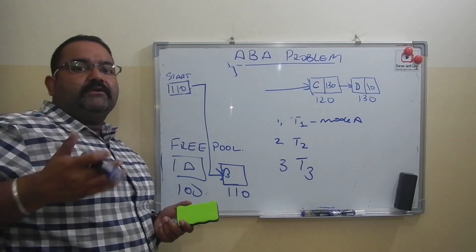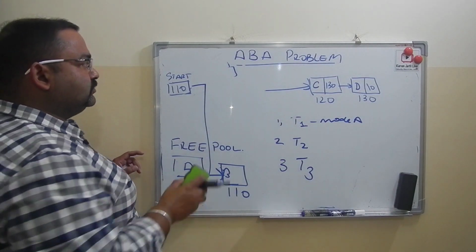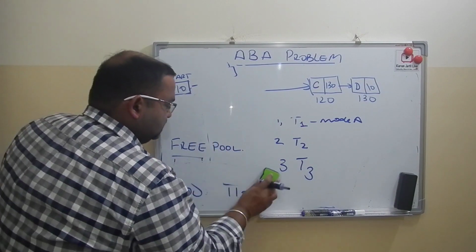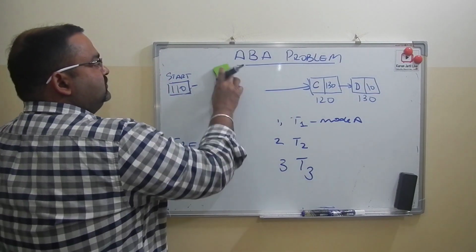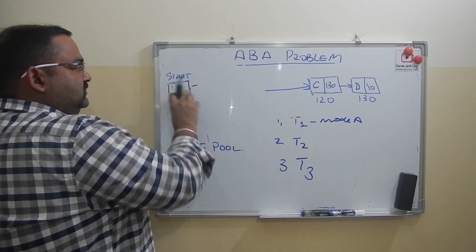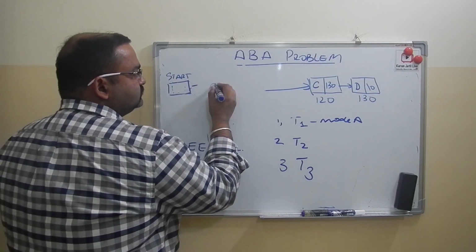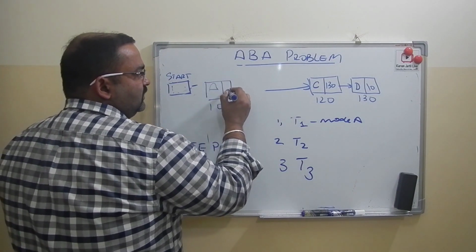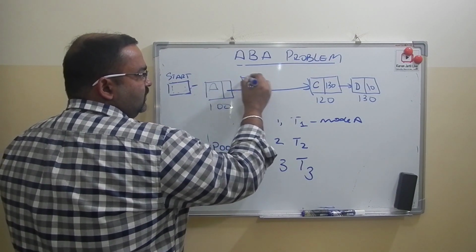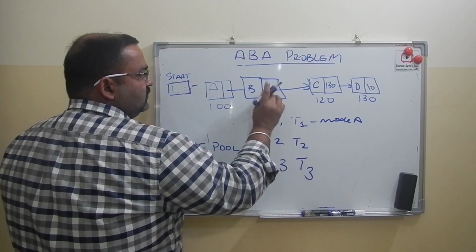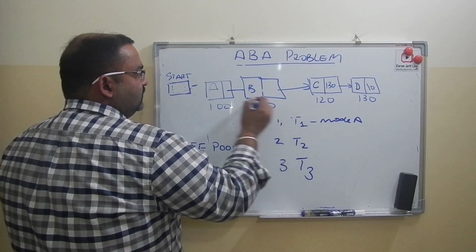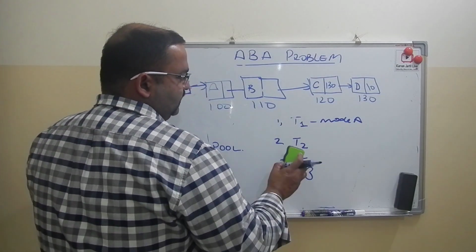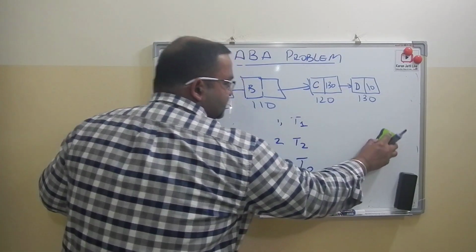So quickly we will go through it again. What happens initially? We had node A, address of A was 100, and we had node B, address of B was 110. Start was pointing to A. Then we had thread T1.